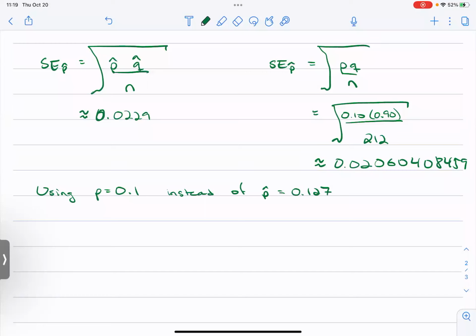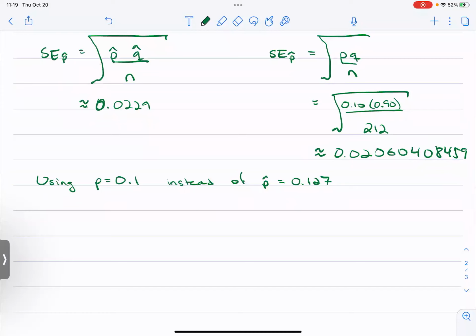There's still 0.02, 0.02, and then a little bit of extra. It does not change the standard error drastically.